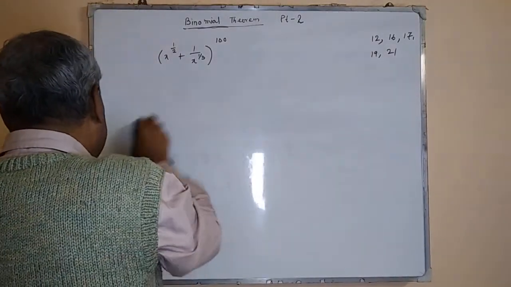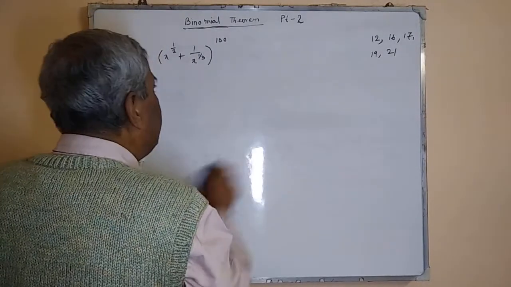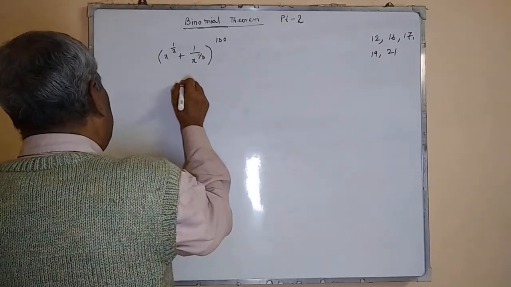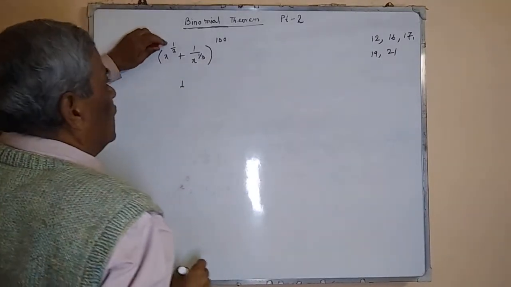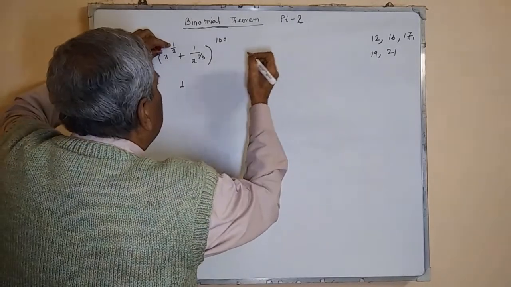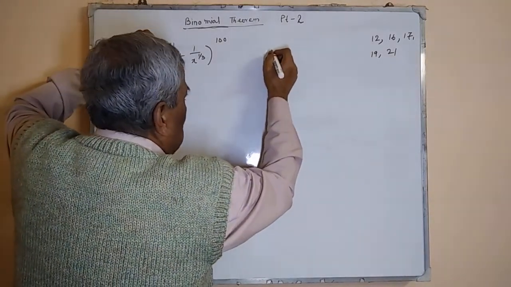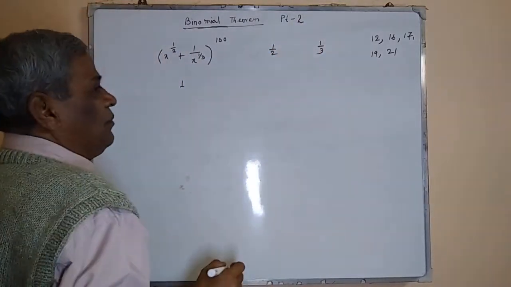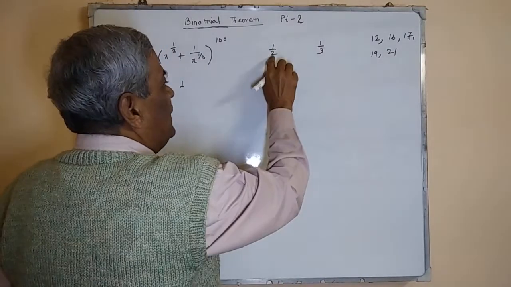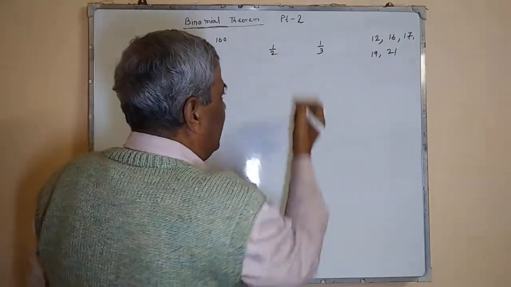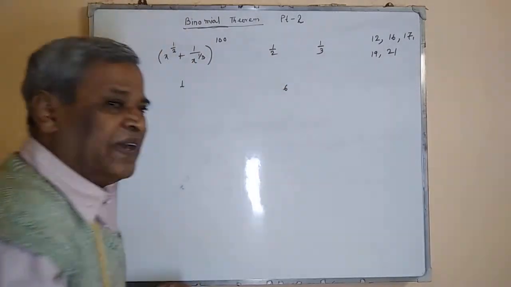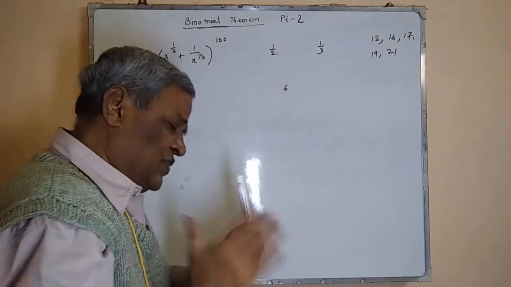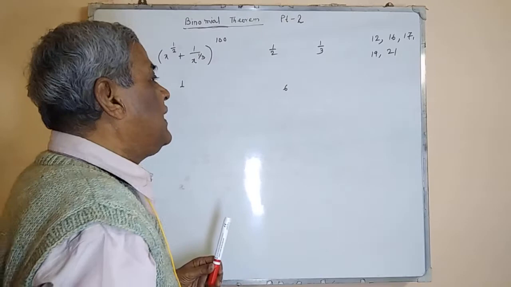Just now I told you that the first term contains integral power of x. Now the power in the first part is 1 by 2 and in the other it is 1 by 3. The LCM of the denominators 2 and 3 is 6. So it is very clear that after every 6 terms from the first term, they will contain integral power of x.